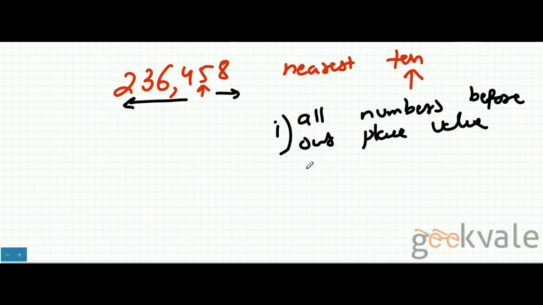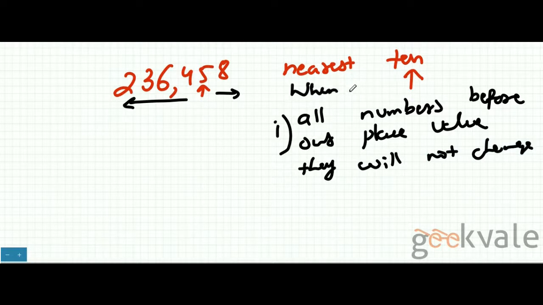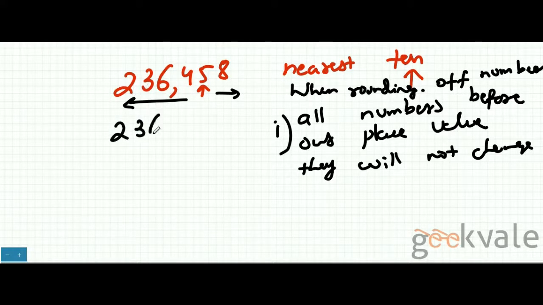They will not change when rounding off numbers. All the numbers before the place value stay as they are. So when we round to the nearest 10, we just write down these digits as they are, 2, 3, 6, 4.